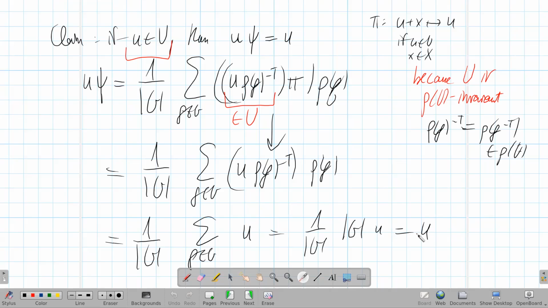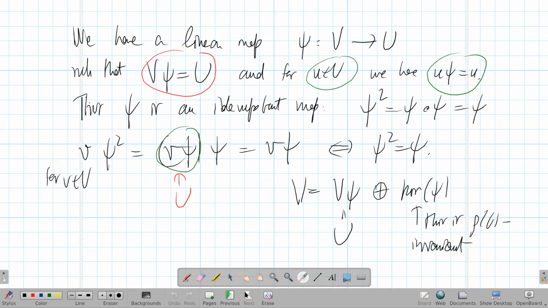So what we have found is that psi is a linear map from V with image exactly U, and it's the identity restricted to U, which means it's an idempotent.